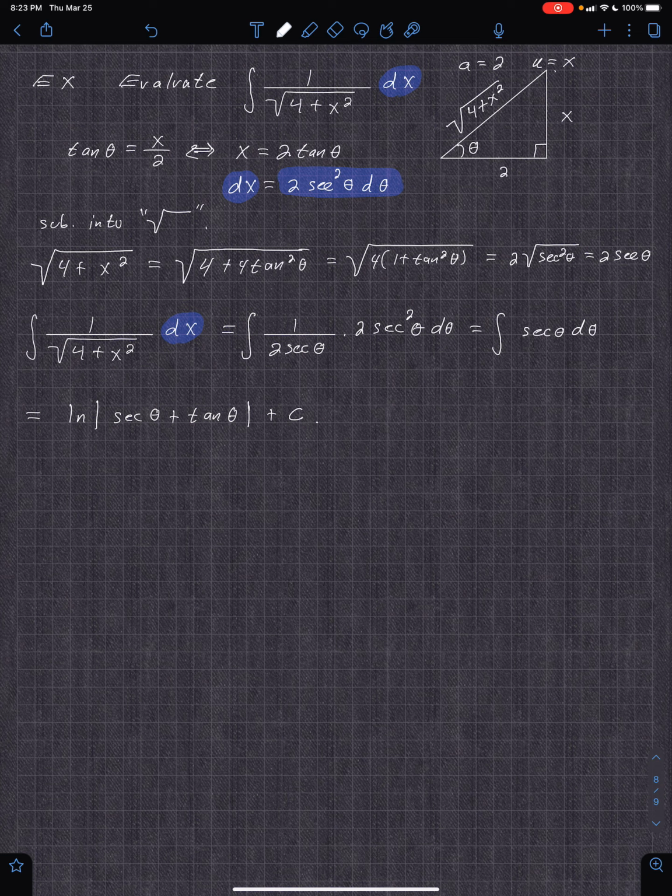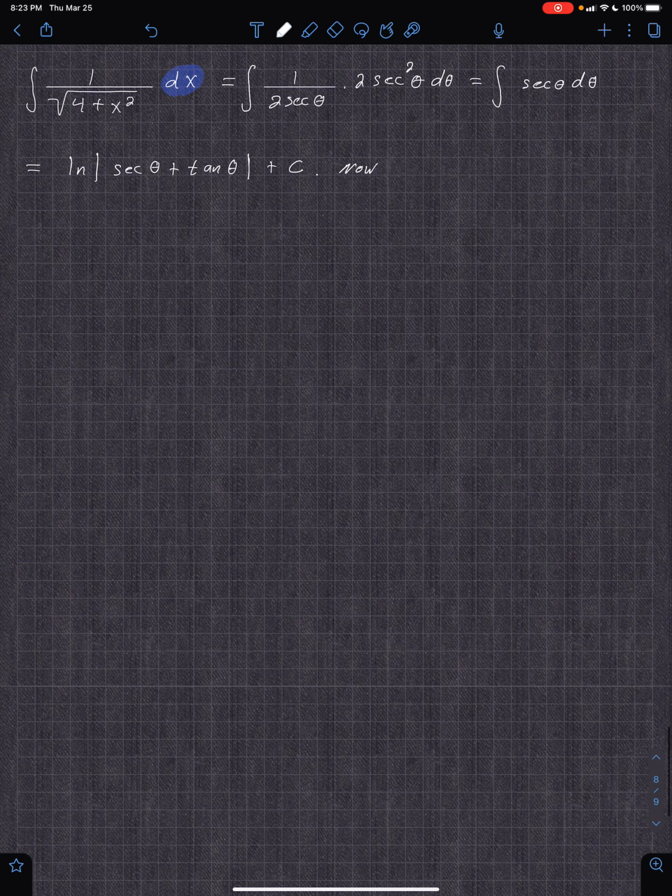At this stage, we need to substitute back. So now substitute for theta and write in terms of x.